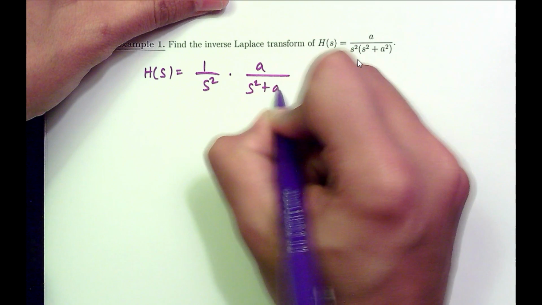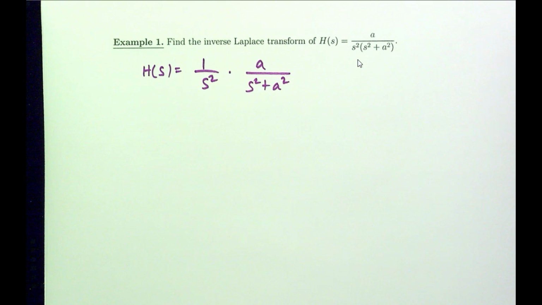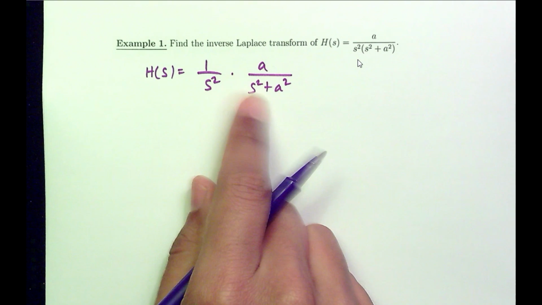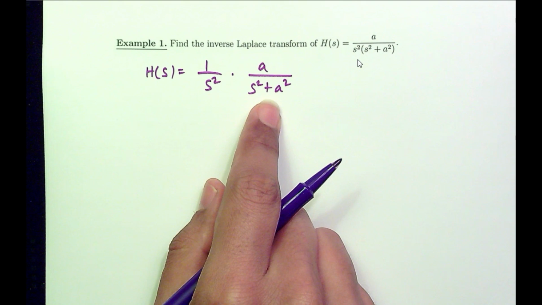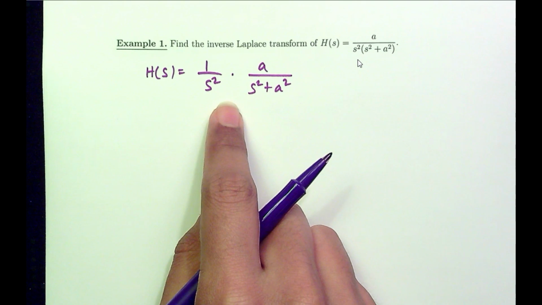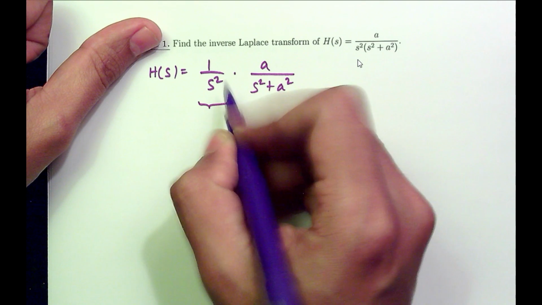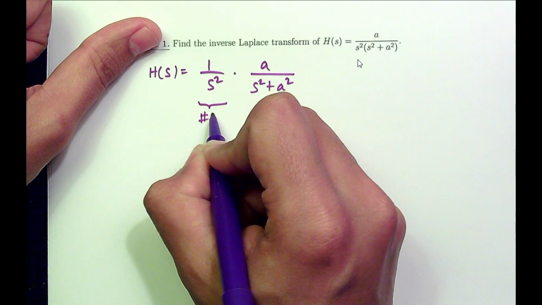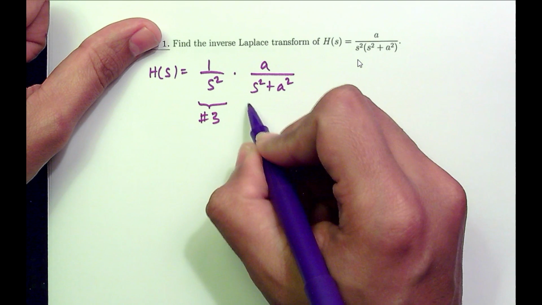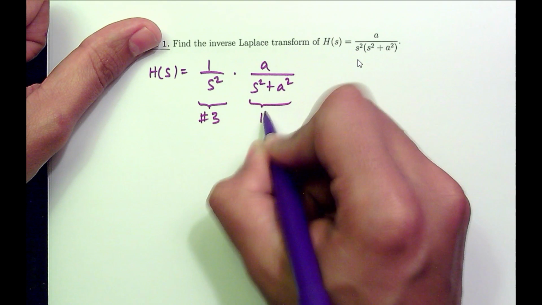So we wrote that as a product of two things for which we can figure out the Laplace transform easily or independently. The first one is number 3 on our table, and this one is number 5.